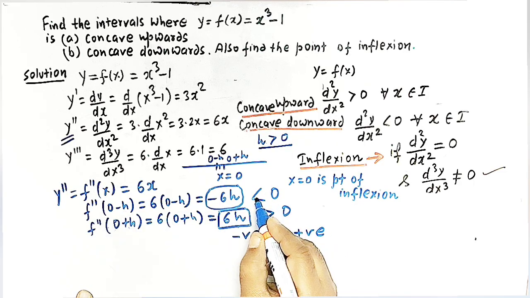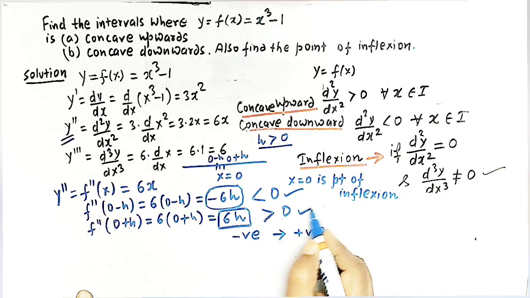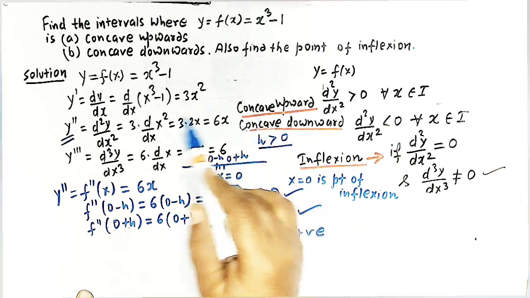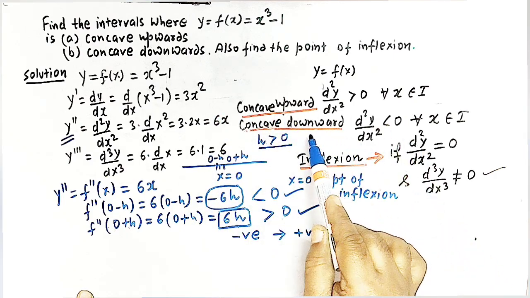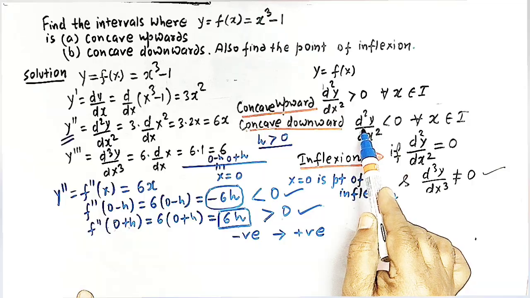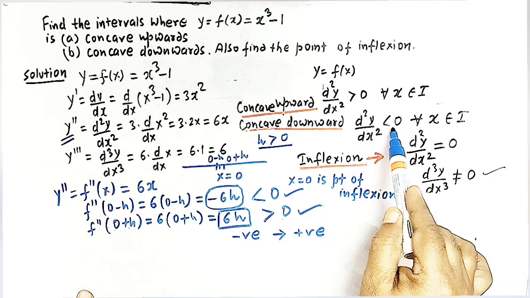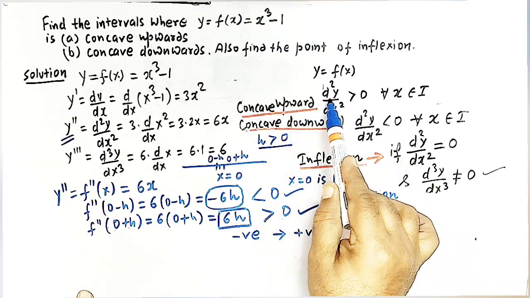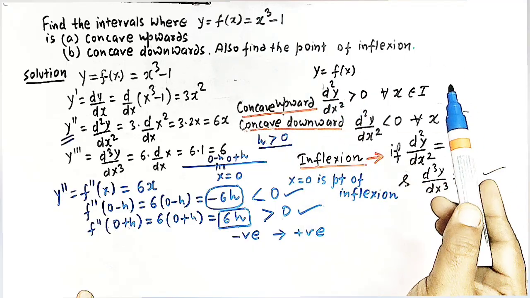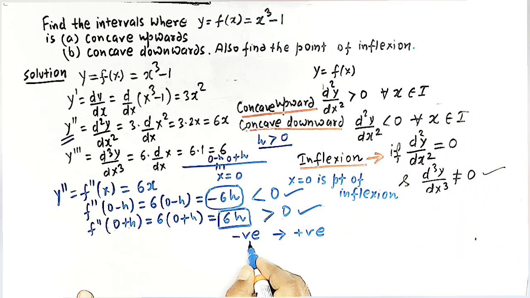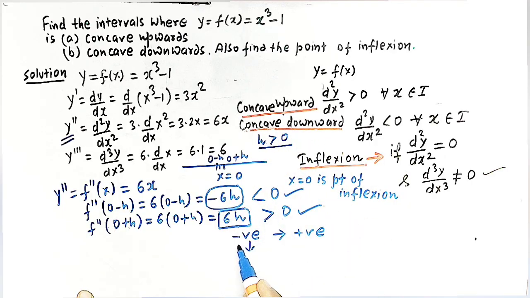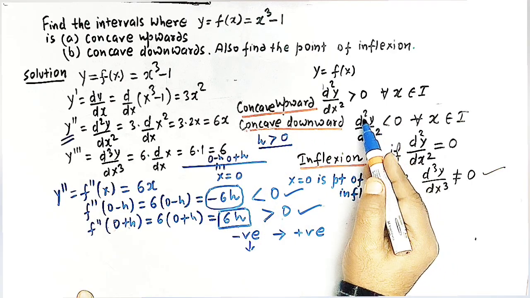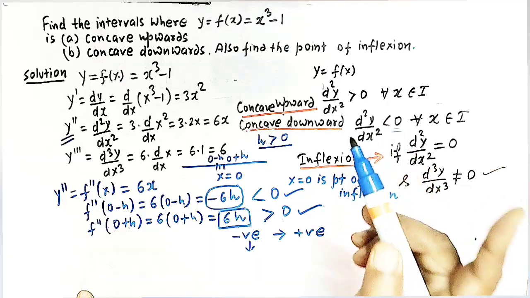Because here we have less than 0, here we have greater than 0, and we have just seen that the curve is concave downward when we have the second derivative less than 0, and concave upward when the second derivative is greater than 0, right? So here the concavity changes from downward, because here the second derivative is less than 0, that is negative.